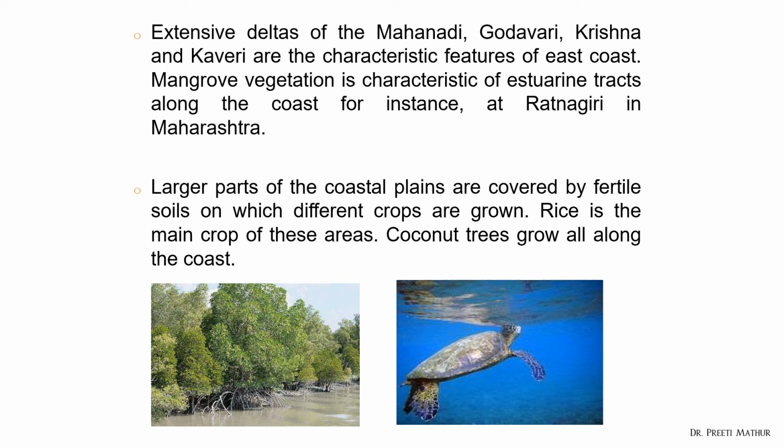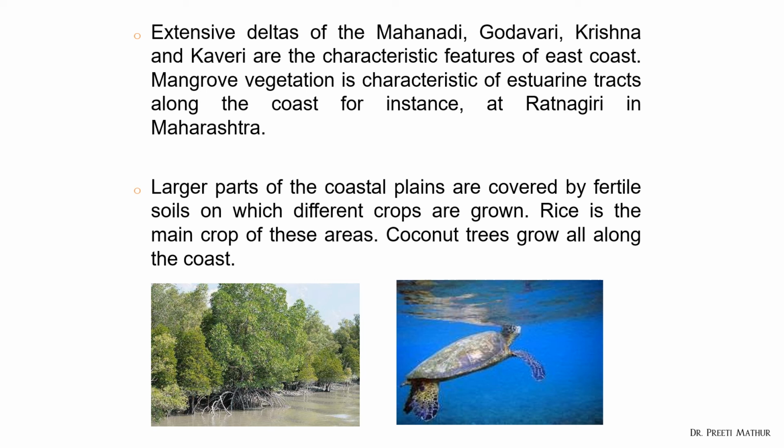The larger parts of the coastal plains are covered by fertile soils on which different crops are grown. Rice is the main crop of these areas. Coconut trees grow all along the coast.